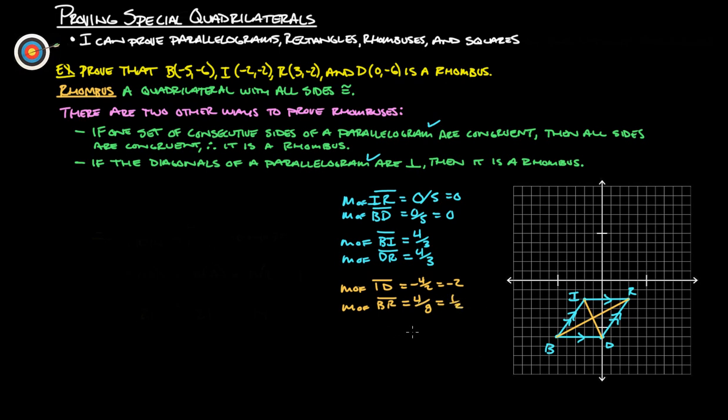To show they're perpendicular, we multiply them together, and they have to equal -1.